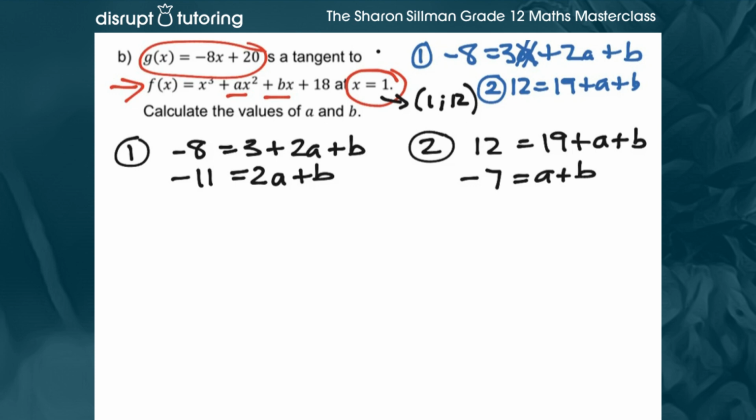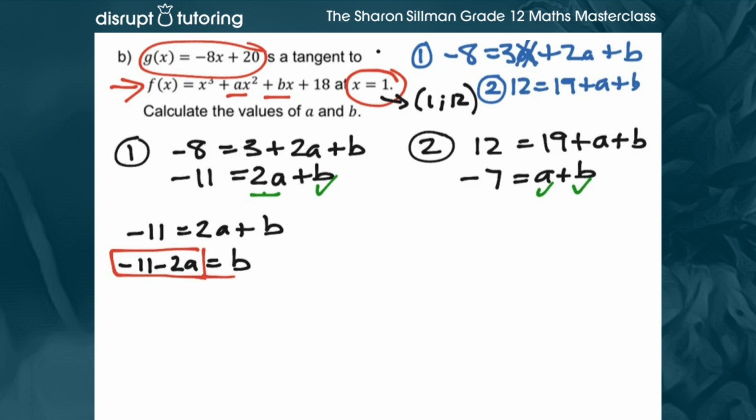So remember, in simultaneous equations, our job is to get any variable on its own, and either one of these are pretty easy. It's not that this one is not easy, but if we divide by 2, we'll be working with fractions. So I'm going to work in number 1 and get b by itself. To get it on its own, I'll subtract 2a from both sides. If b is equal to negative 11 minus 2a, I can go and put that into b's place there.